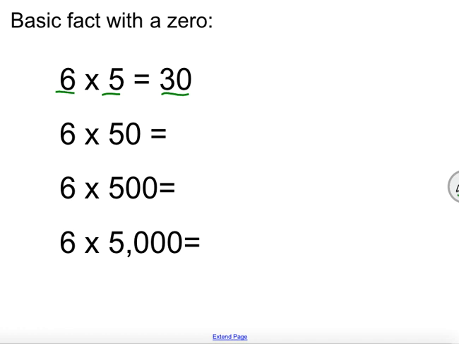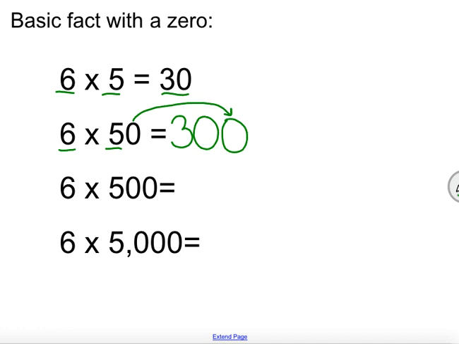So watch me. 6 times 5, I write 30. Then I notice, looking at both factors, the 6 and the 50, there's only 1 zero. So I take that 0 over to the end of my product, and 6 times 50 is 300.